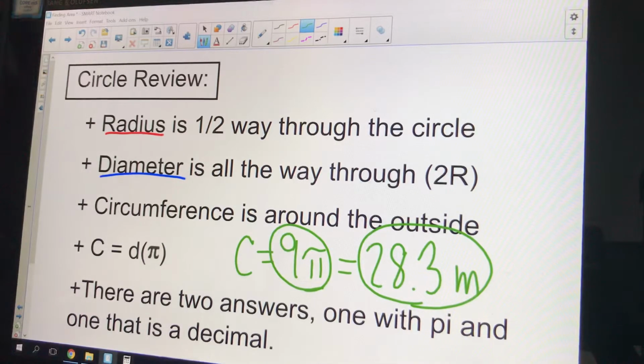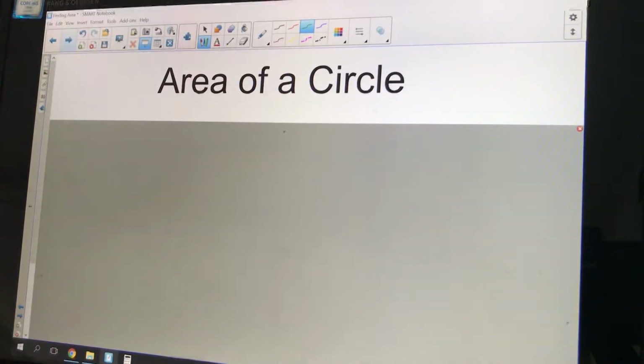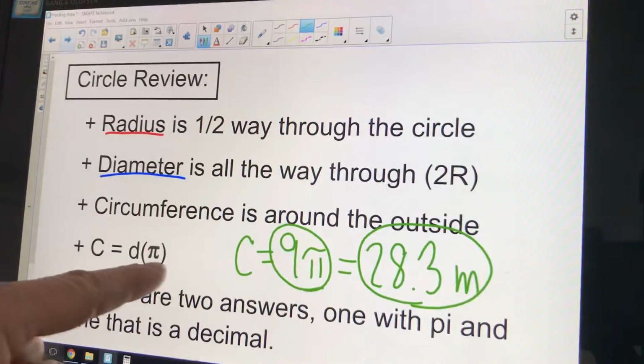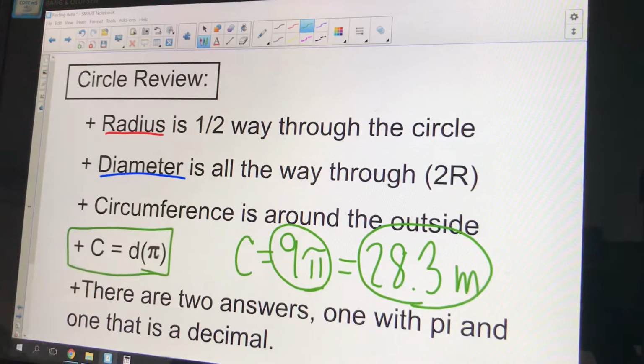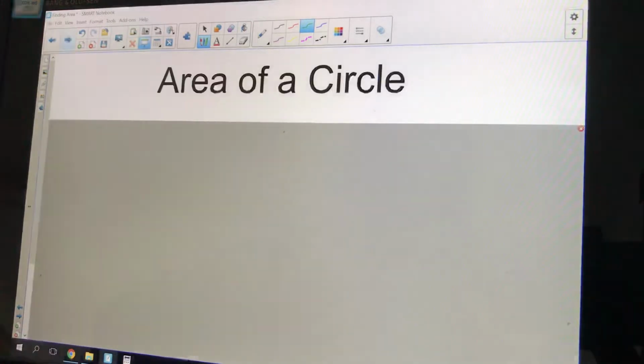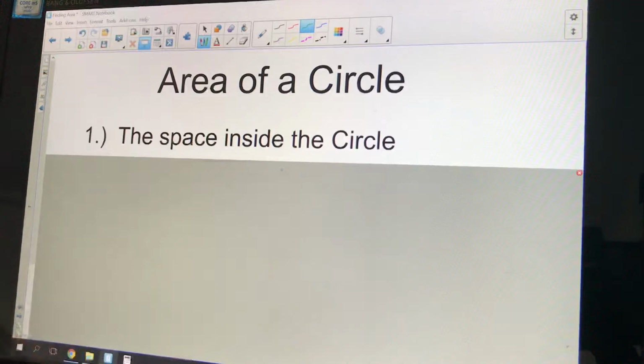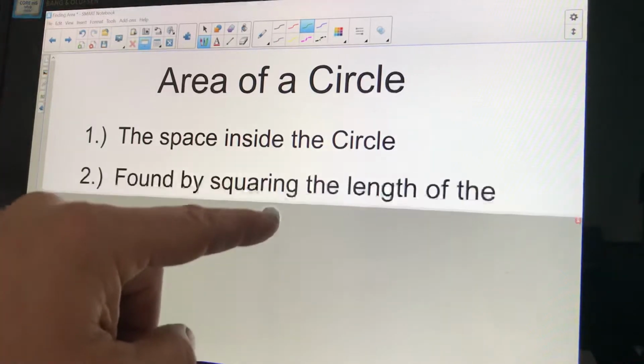Well, today we're going to go with circles, not circumference anymore, but we're going to talk about area. Just like circumference, there was a nice little formula that we had to remember. There's going to be the same thing for area. First off, area is the space inside the circle. Just like area of a triangle, area of a rectangle, area of any other object, it's the space that's inside of it.